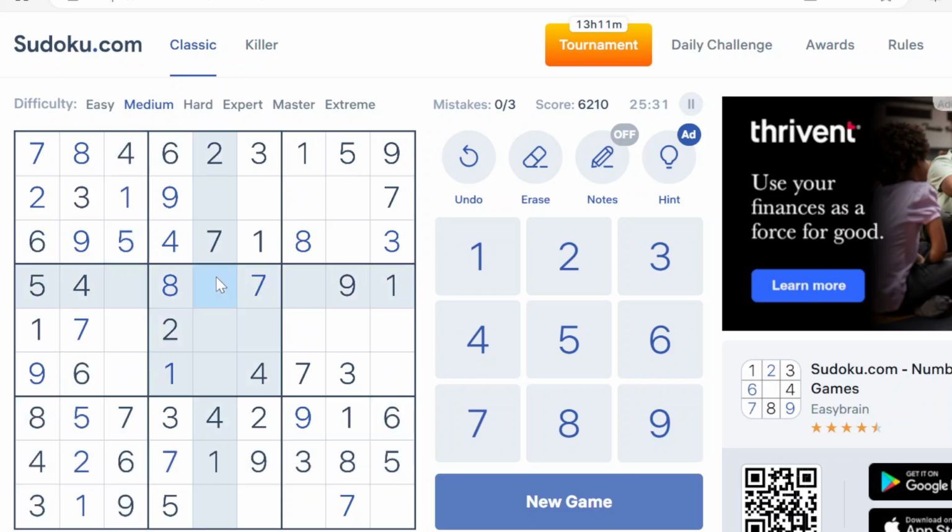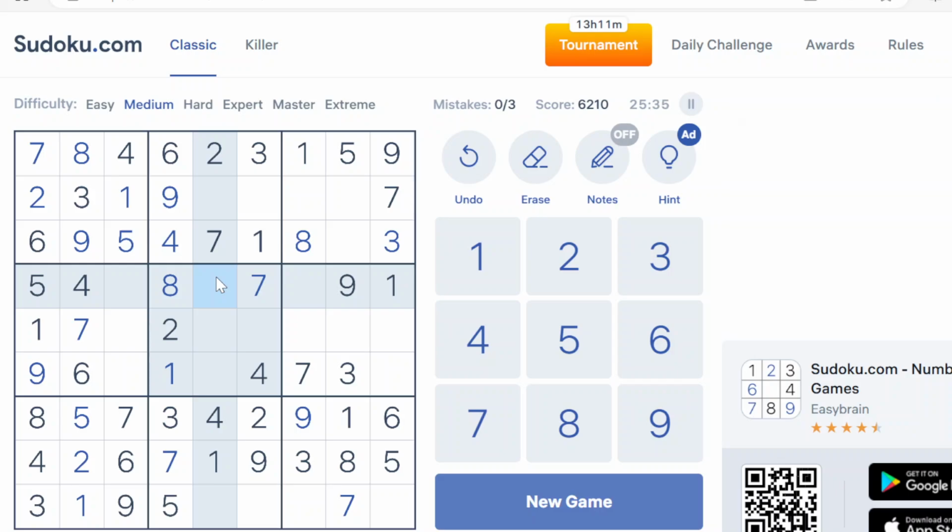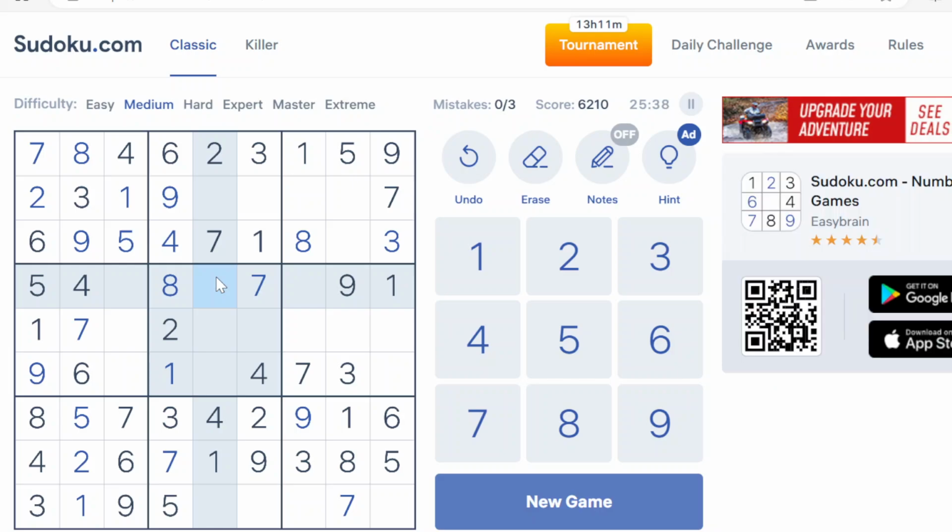This one has to be either 3 or 6. And this one has to be either 2 or 6. So let's see, 2 or 3.